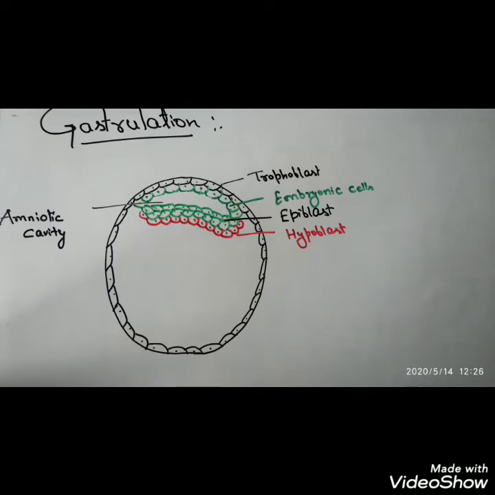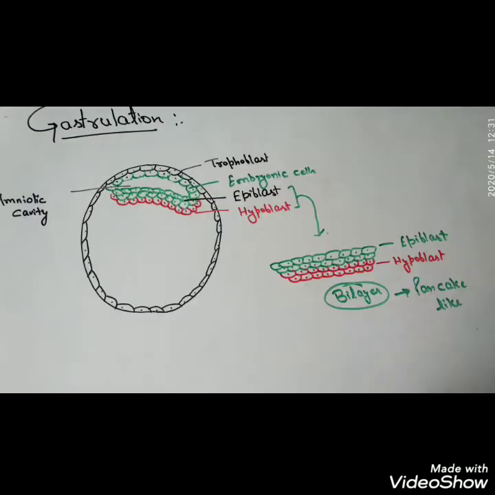Now, in order to understand these layers properly, let us assume that I have cut this blastocyst and removed these two layers from it. Now I am going to show the section of these layers.